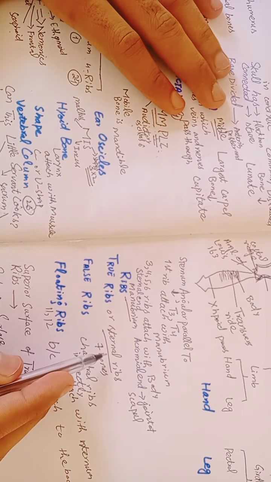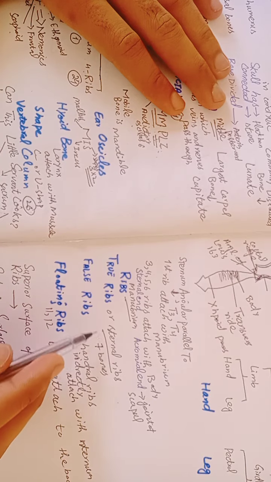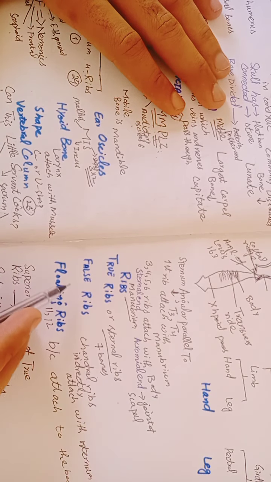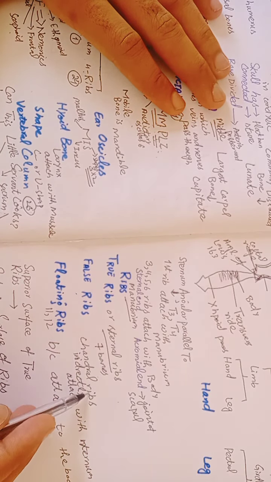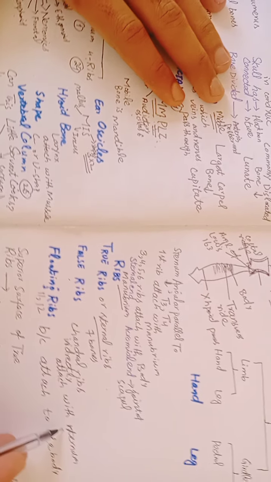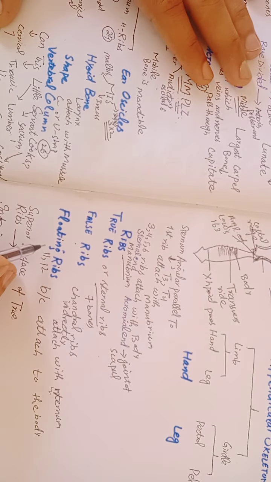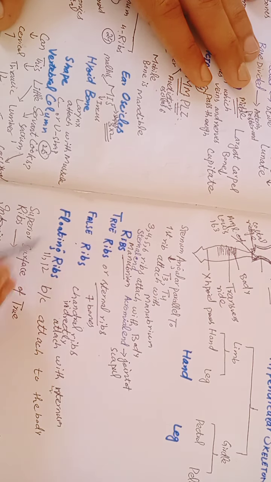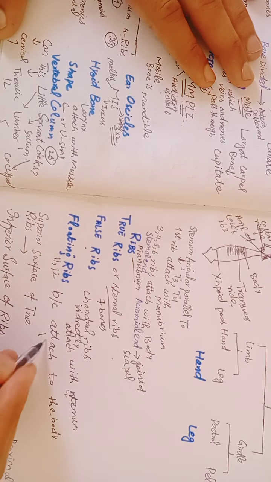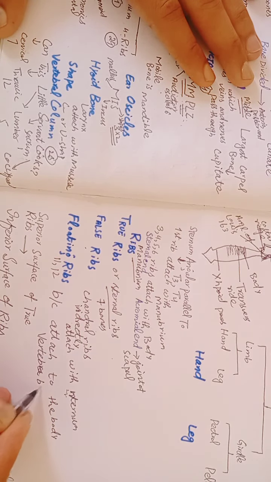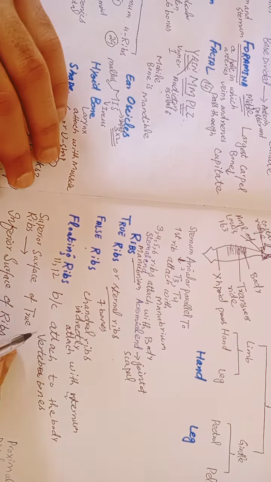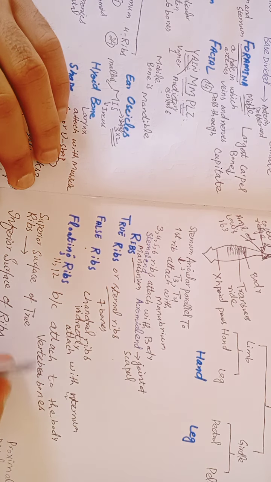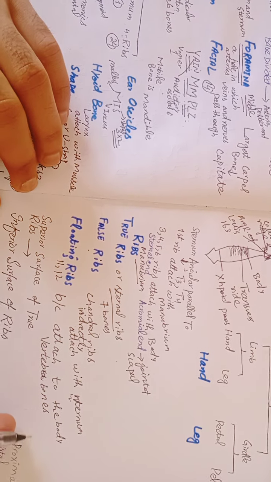True ribs attach directly with the sternum, and false ribs attach indirectly.